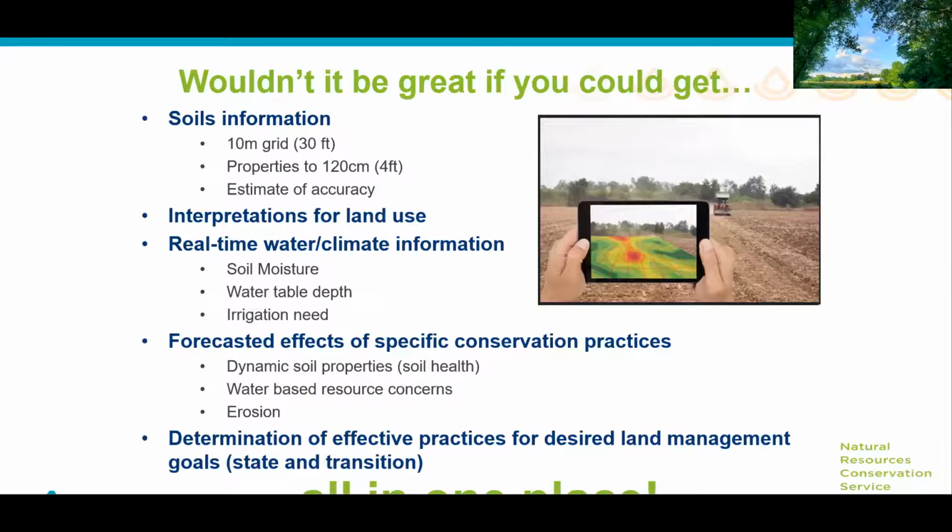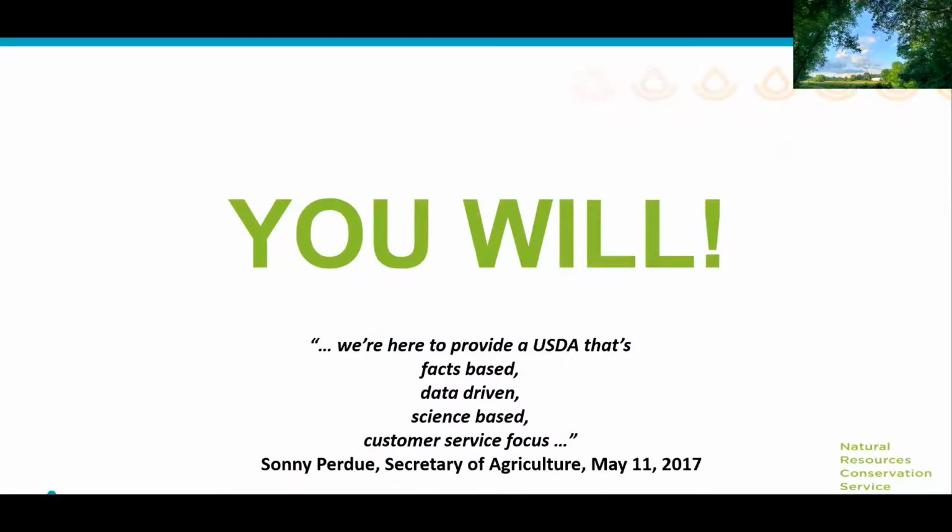And it would all be done in one place, not going to 5 or 6 different websites, talking to 3 or 4 different people, but in one location, one app.